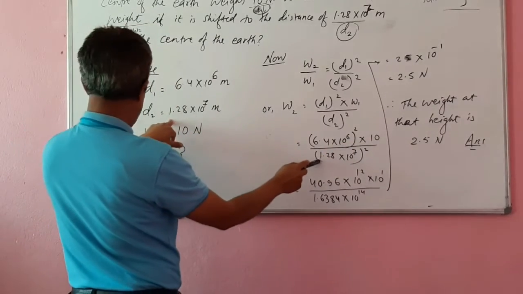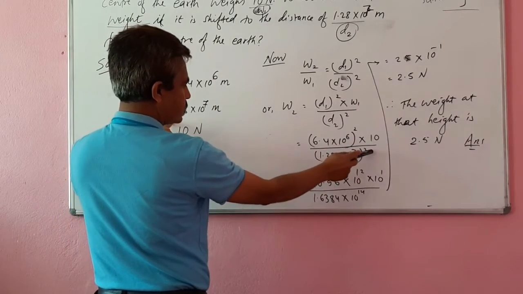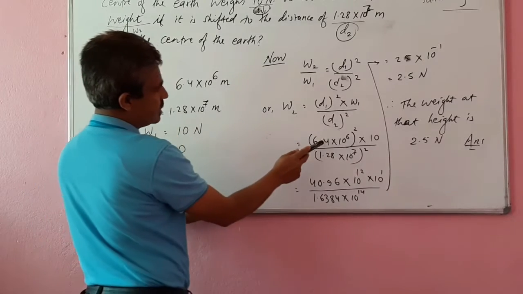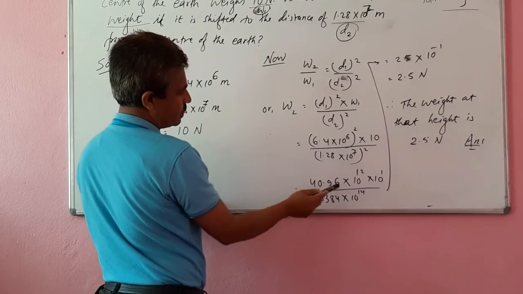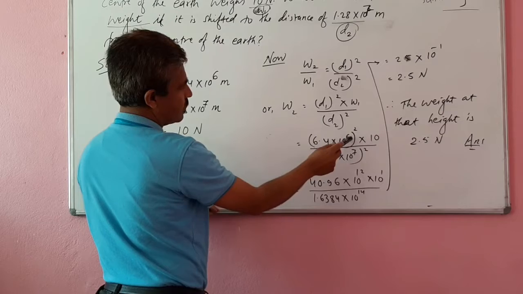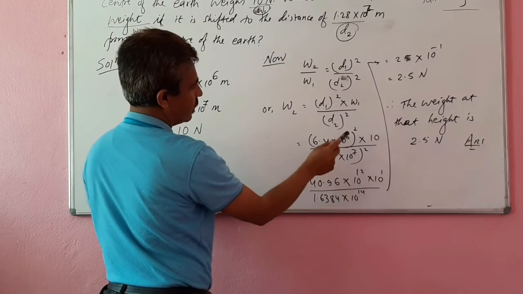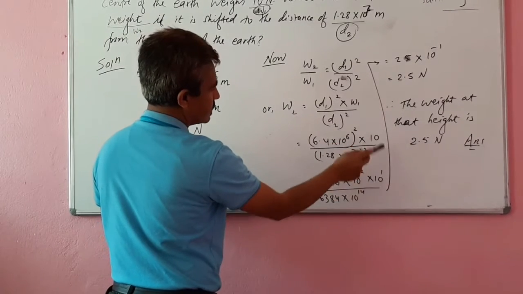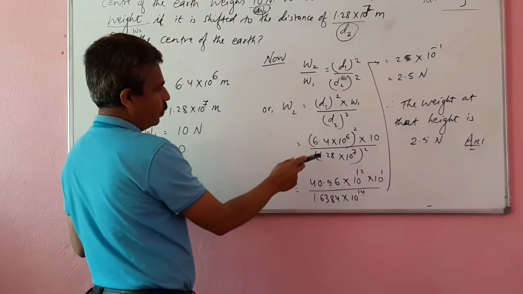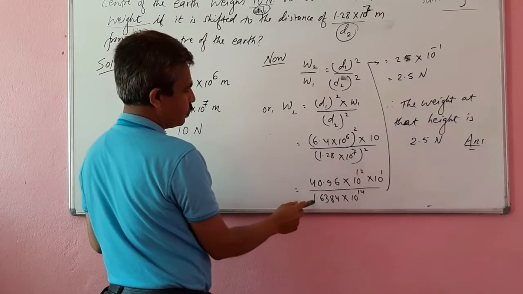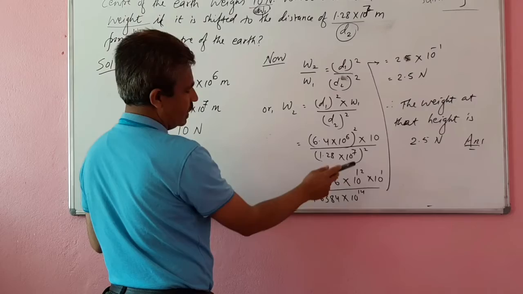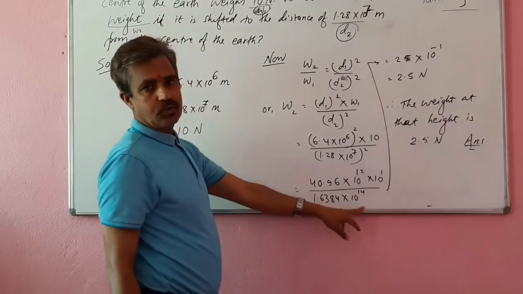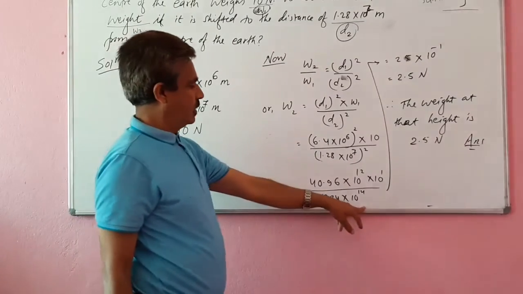D2 is 1.28 times 10 to the power 7 whole square. 6.4 whole square is 40.96. 10 to the power 6 whole square is 10 to the power 12. 1.28 whole square is 1.6384, and 10 to the power 7 square is 10 to the power 14.